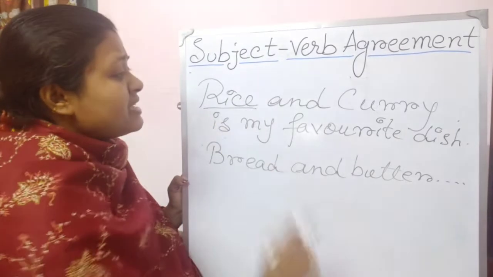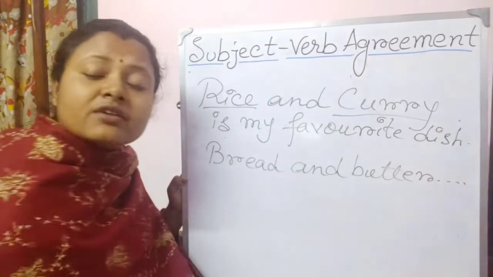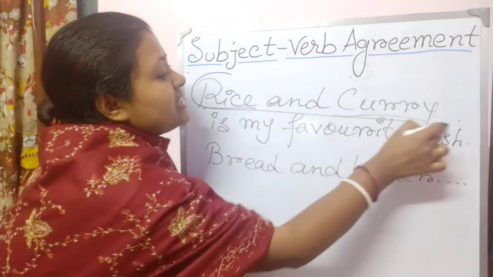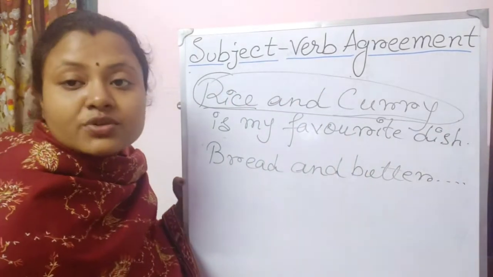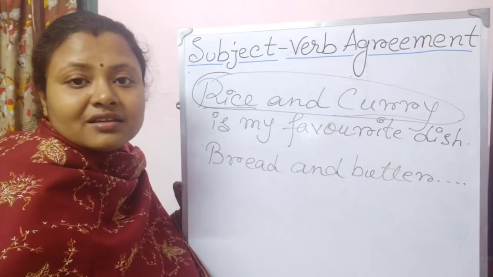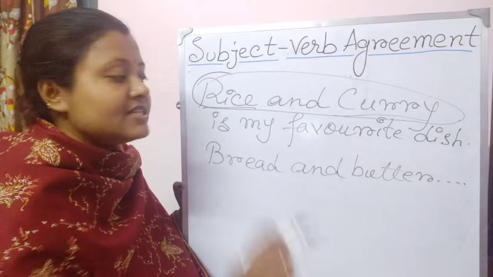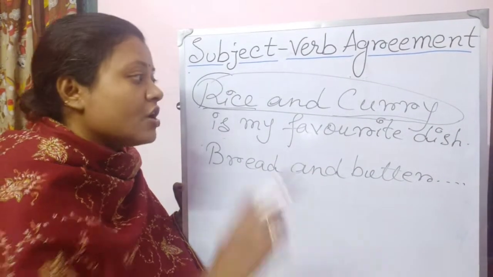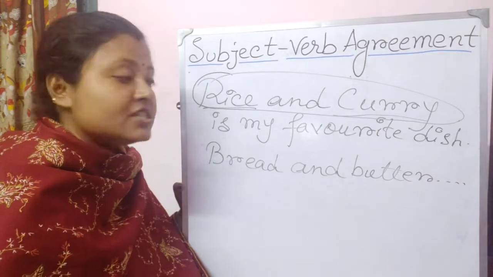Here rice is singular, curry is singular. No, because rice and curry, these two are interrelated to each other. Rice along with the curry is your favorite dish. Only the rice is not your favorite dish, or only the curry is not your favorite dish.